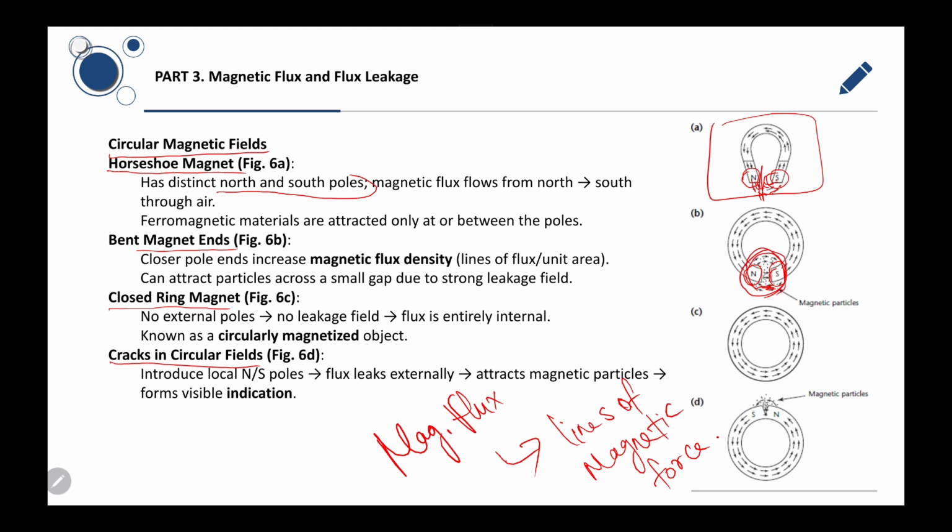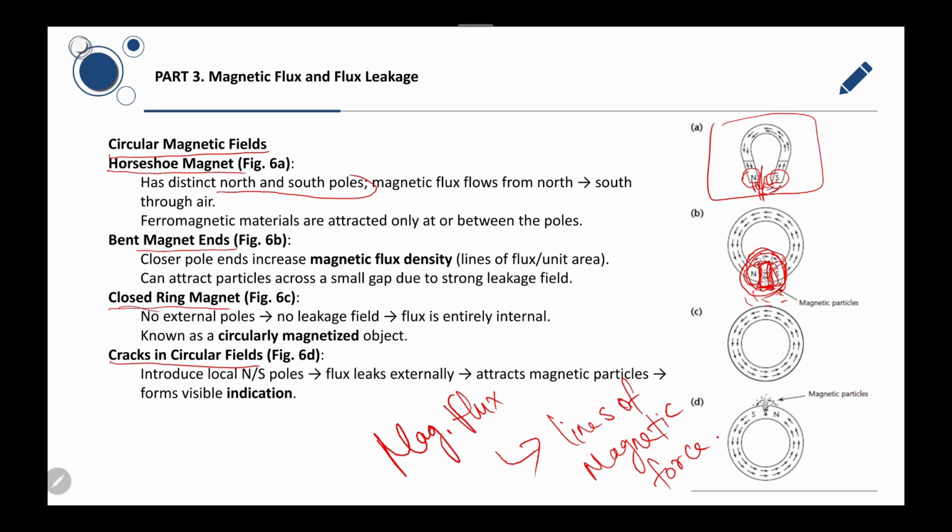Magnetic flux density refers to the number of lines of flux per unit area. When the lines are packed closer, the field is much stronger. This increased density means it can attract particles across a small gap due to a strong leakage field. This is an early hint about how we detect discontinuities.